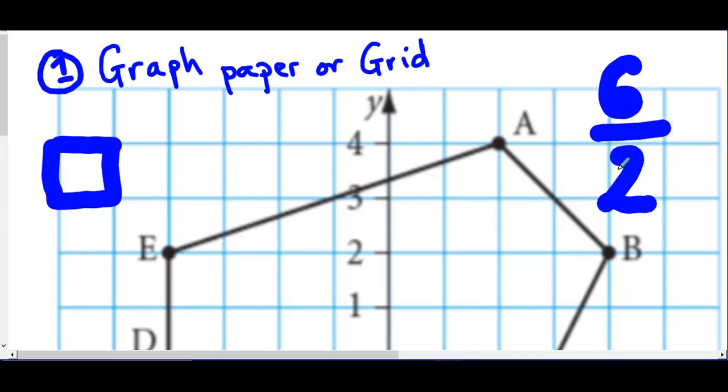What is 6 divided by 2? The answer is 3. That means the midpoint from A will be, you just count 3 boxes because that is where the center is. So the first box you have cut, the second box you have cut, the third box you stop there. So your midpoint is somewhere here.